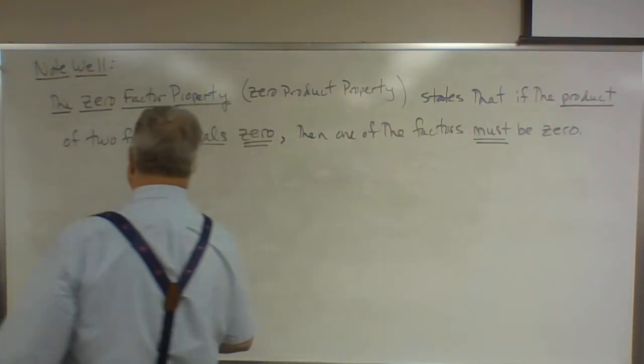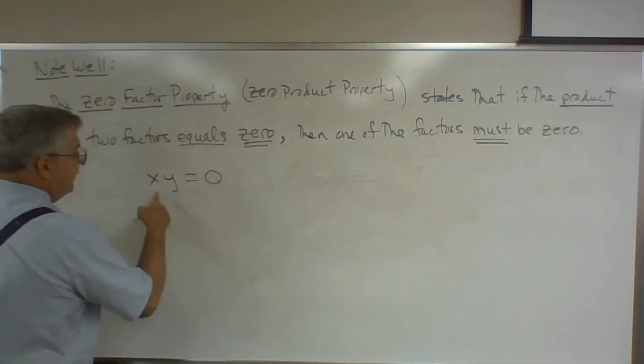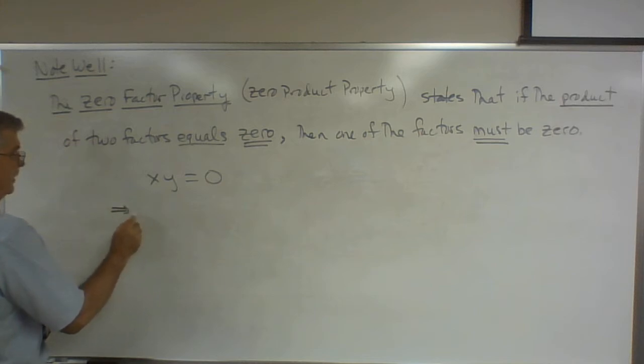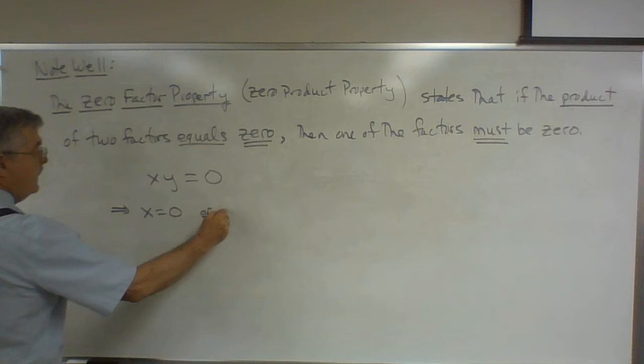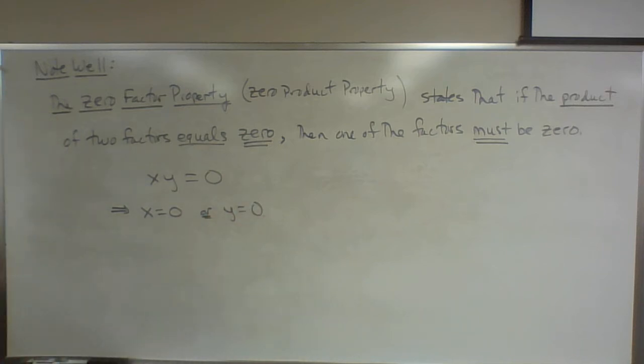So if we have this, the product of two factors, x times y, equals 0, then either x equals 0 or y equals 0. That's what the zero factor property or the zero product property tells us.